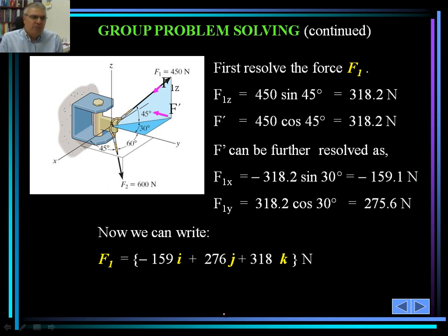Now we can write the magnitudes of F1z, F1x, and F1y. So F1x is minus 159, I note that I'm carrying the sign, and plus 276j, and that's F sub 1y.